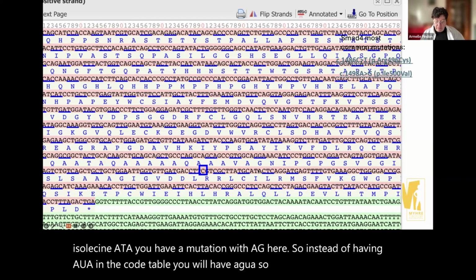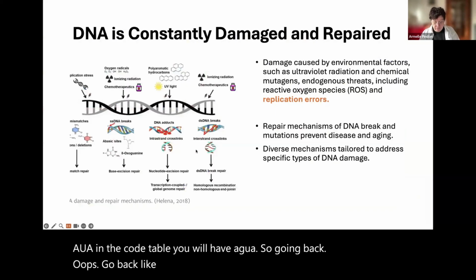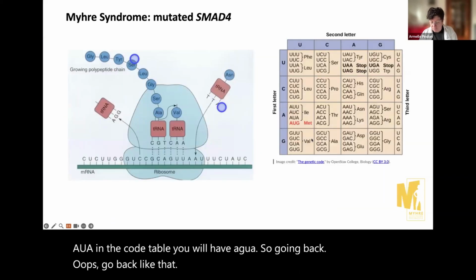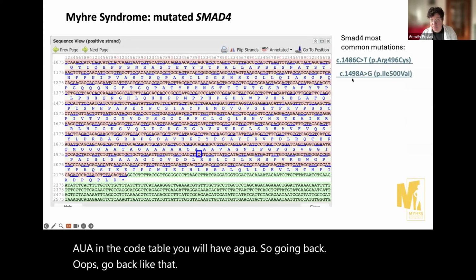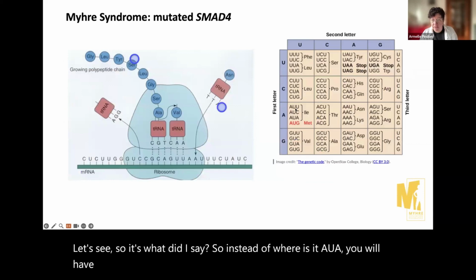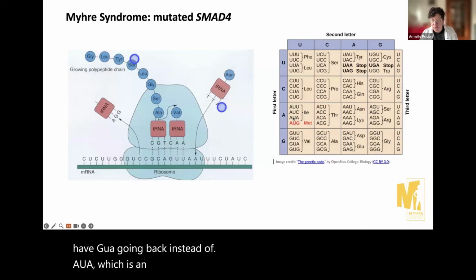So going back, instead of AUA, which is an isoleucine, you will have GUA. GUA is a valine.